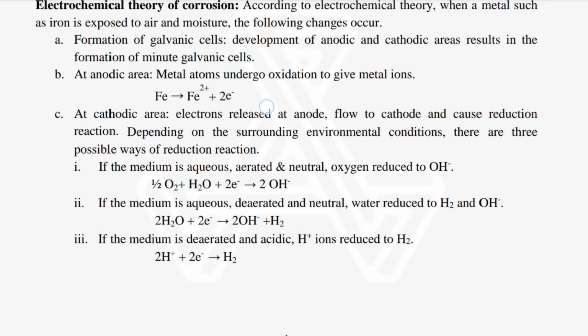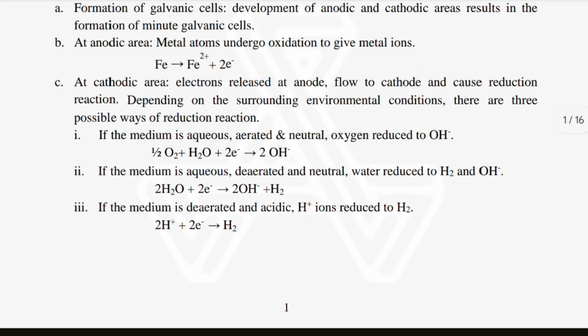At the anodic area, metal atoms undergo oxidation to give metal ions: Fe gives Fe2+ plus 2 electrons. At the cathodic area, electrons released at the anode flow to the cathode and cause a reduction reaction.